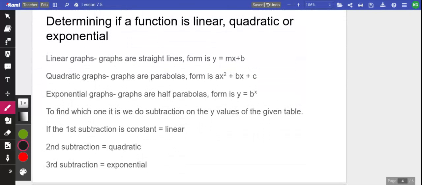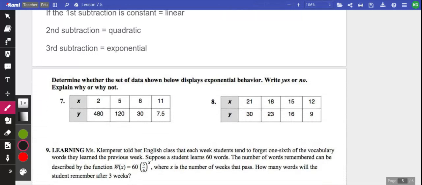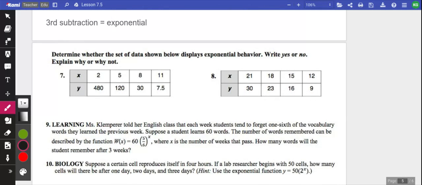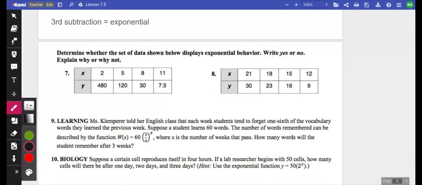All right, so we've talked about linear and exponential before, and what the new thing we're going to add is quadratics. So go ahead and pause and take these notes. So when we're looking at these, one of the things that we could do was to graph these points on our graphing calculators.